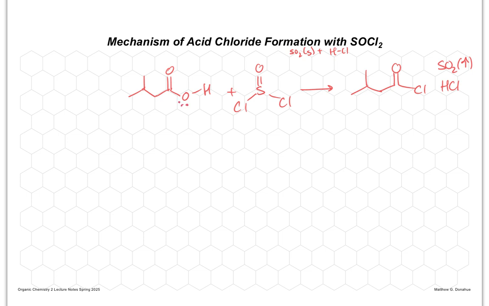So this might be a little weird, but the oxygen bearing the OH, we're not going to use that one to attack. We're going to use a resonance form. And that will help us understand some of the other mechanisms we learn. So I want to draw that resonance form.